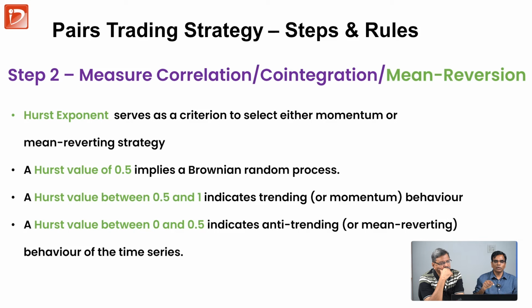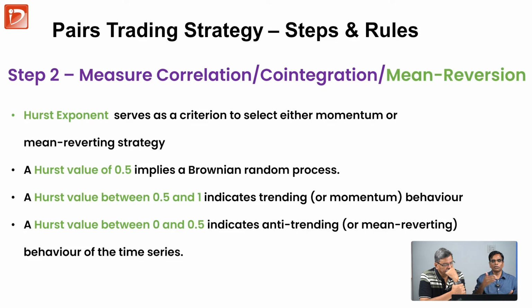But a Hurst value between 0.5 and 1 indicates trending or momentum behavior, that there is some kind of purpose and it's moving in a particular direction. Now Hurst value between 0 and 0.5 indicates anti-trending or mean reverting behavior of the time series. So this is what we want.